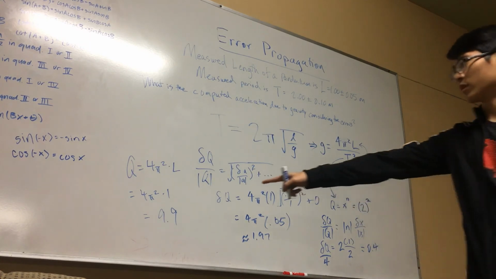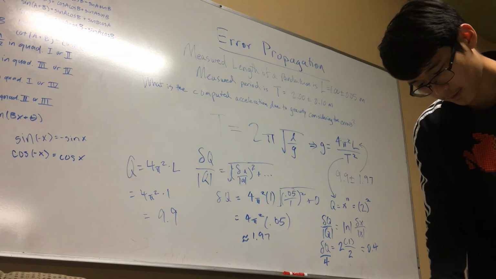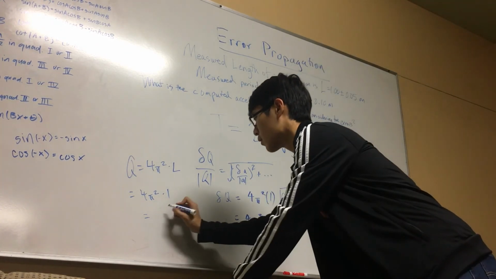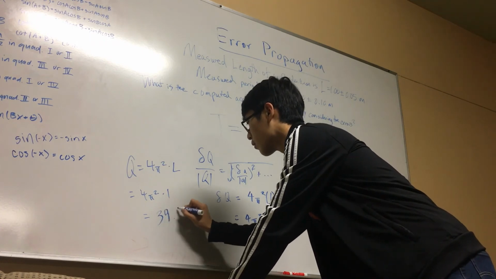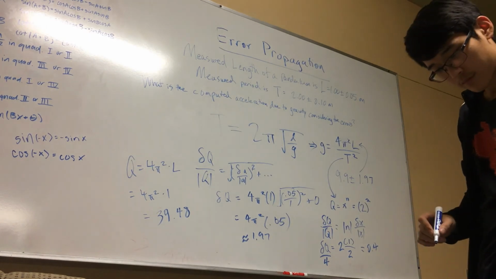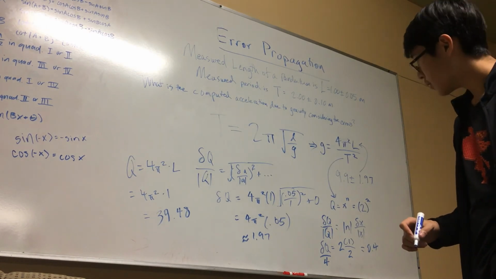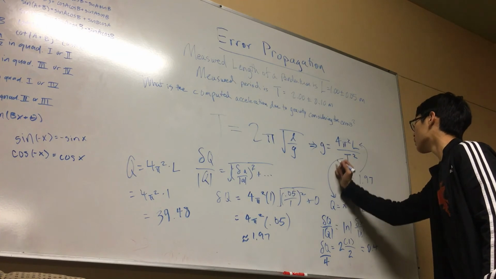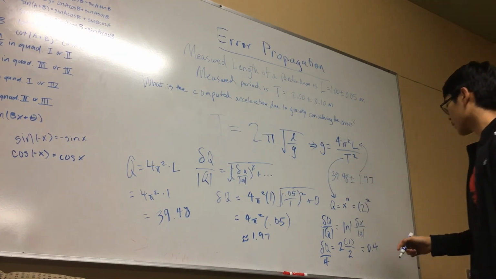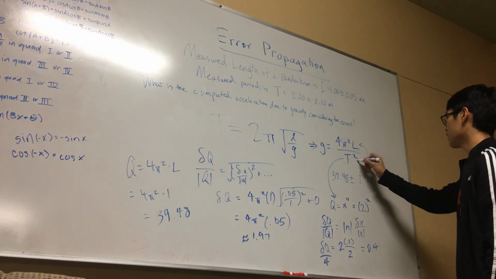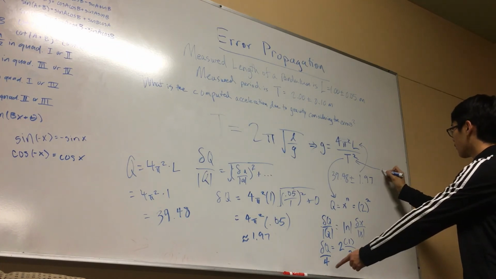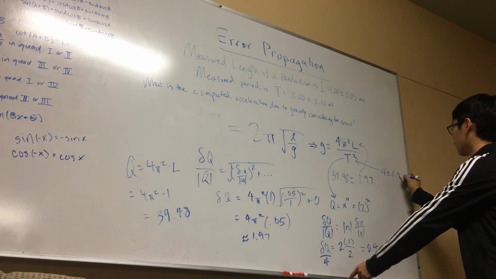Wait, hold on, I wrote down the wrong number for the numerator, this is not 9.9, that doesn't make sense. This is 39.48. Okay, so that means that the denominator, t squared, is going to be 4 plus or minus 0.4, right?